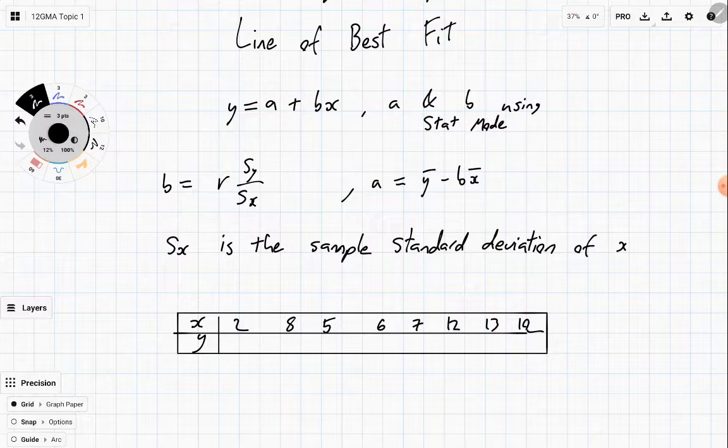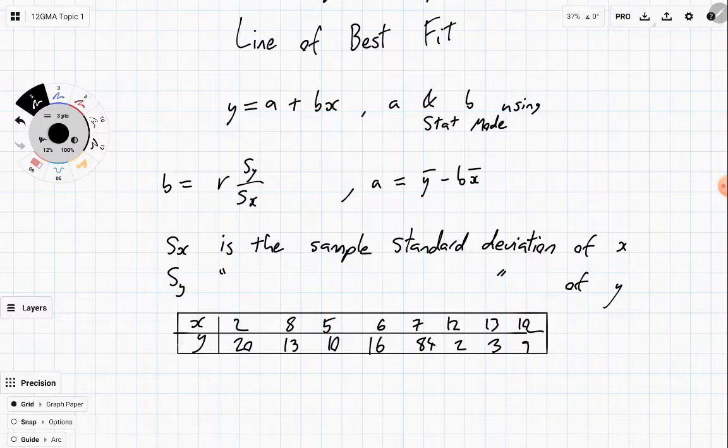Okay? sy is exactly the same, but of y. Okay? So if it's 20 and 13 and 10 and 16 and 84 and 2 and 3 and 9, well, it's just the sample standard deviation of y. Then we can move on to the other ones.